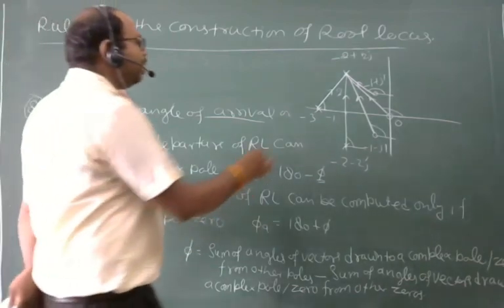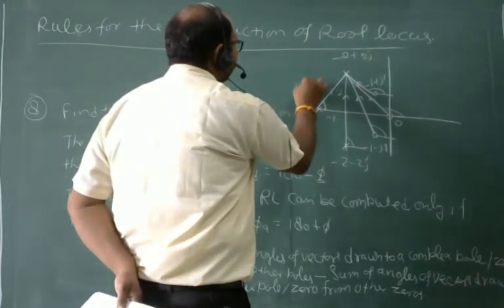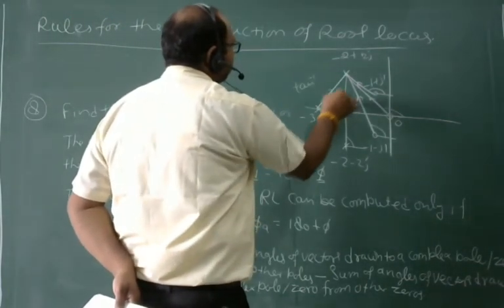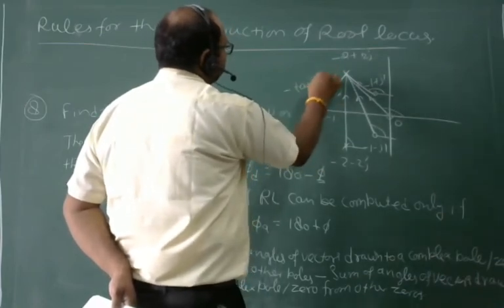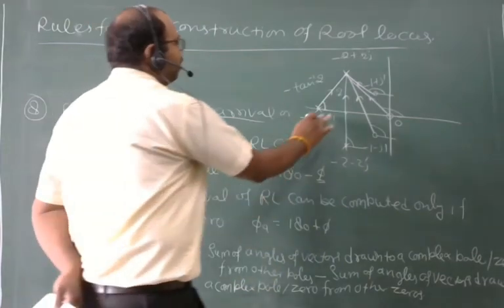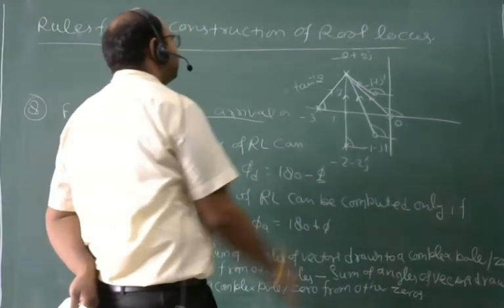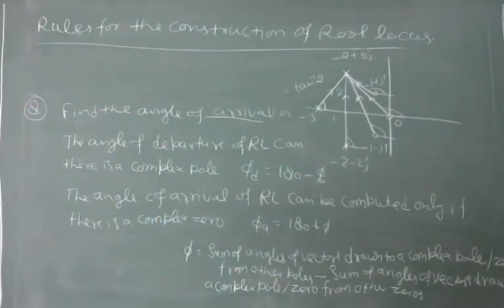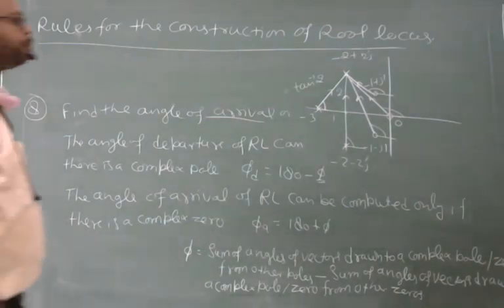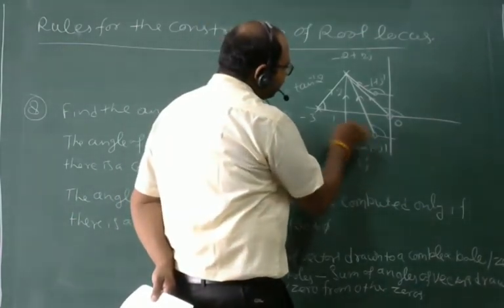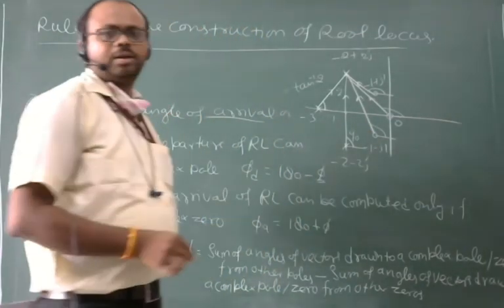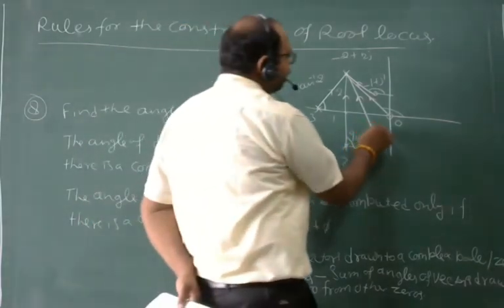So this angle will be tan inverse 2 by minus 1, or simply 2 by 1, so it's tan inverse 2. This is 90 degree. What will be this angle?